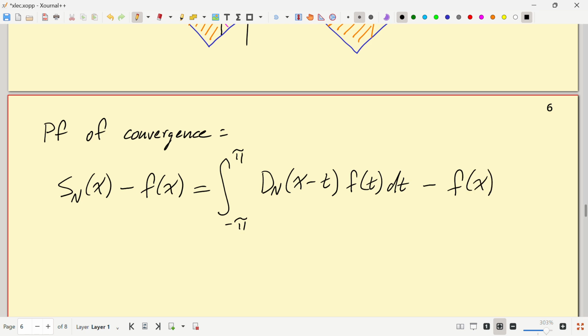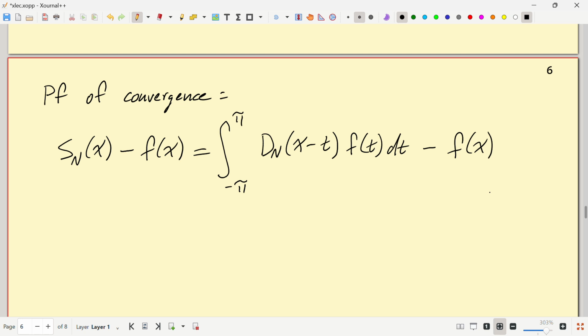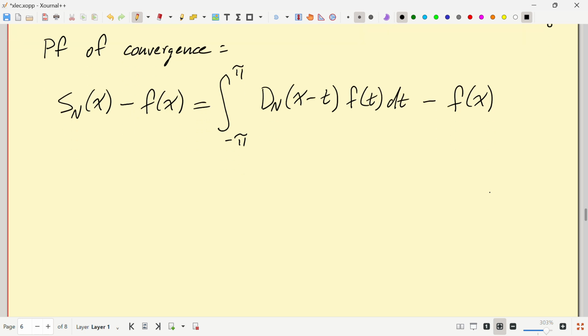Now I'm going to do a change of variables. I'm going to let this x minus t be a tau.